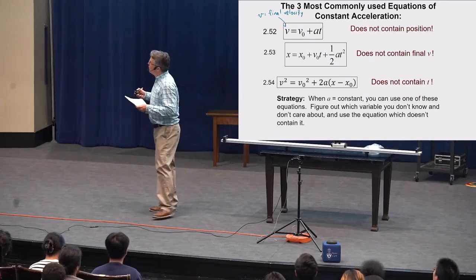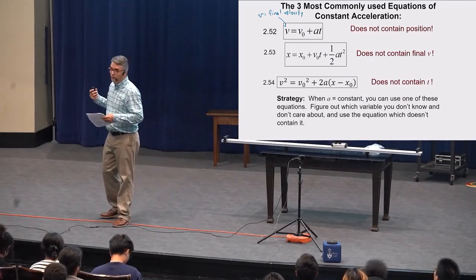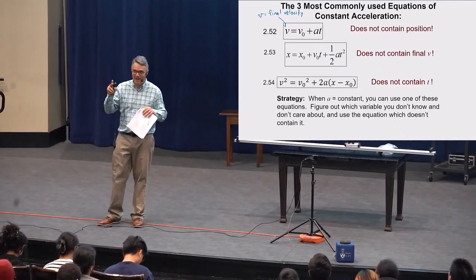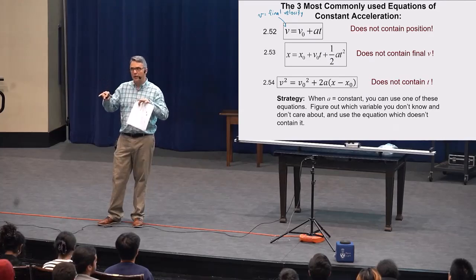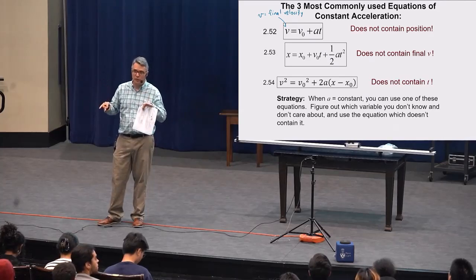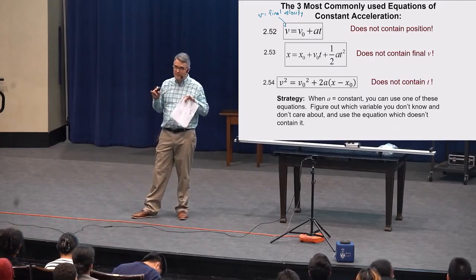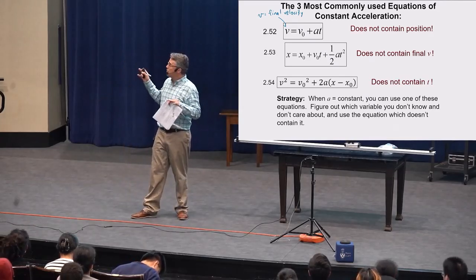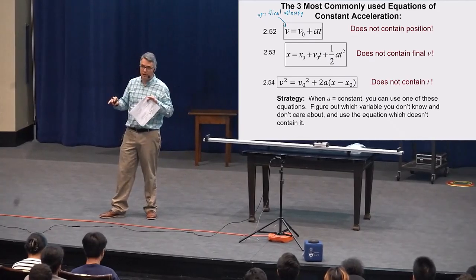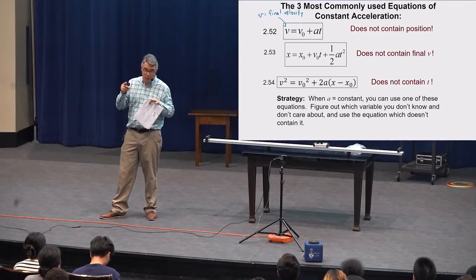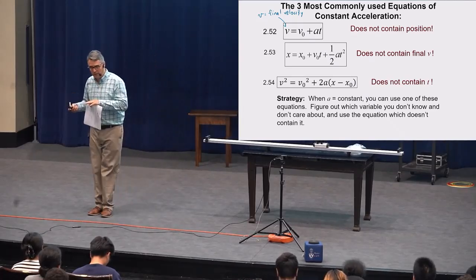What I do if I'm solving a problem is that first I draw a diagram, then I list my knowns and my unknowns, what I'm trying to go for. Usually when you set these things up, there's something you don't care about. It's both not given and not what you're asked for.